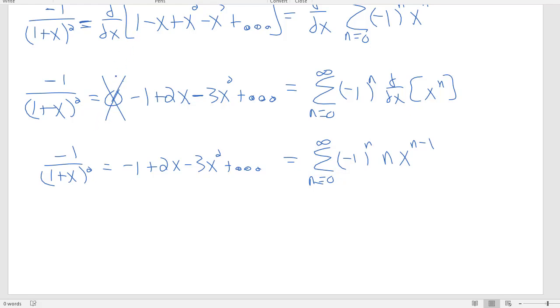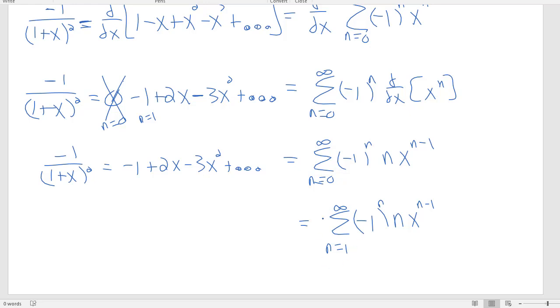So when I delete this 0, it's redundant, so why write it? Instead of having the n equals 0 term here, I'm starting at the n equals 1 term. So to just make this look a little cleaner, I'm going to start my series at n equals 1. So I'm going to have negative 1 to the n times x to the n minus 1. So this is a cleaner version, just eliminating the 0 that's in that series.